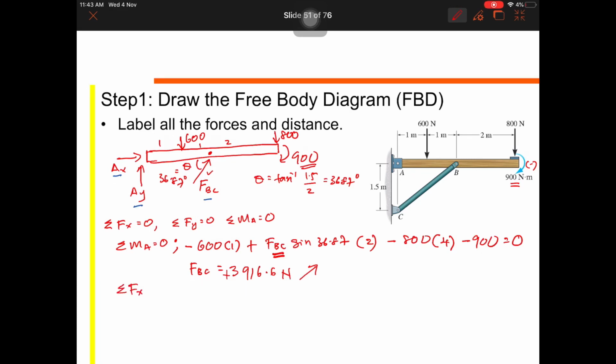And then summation of Fx is equal to 0. So you have AX plus FBC cos 36.87 equals to 0.